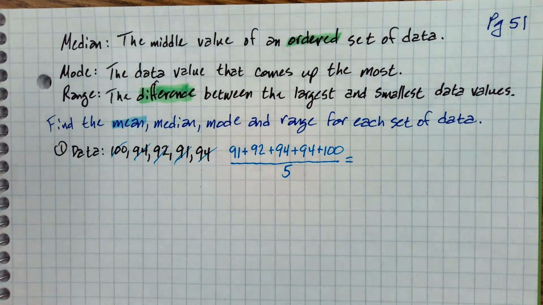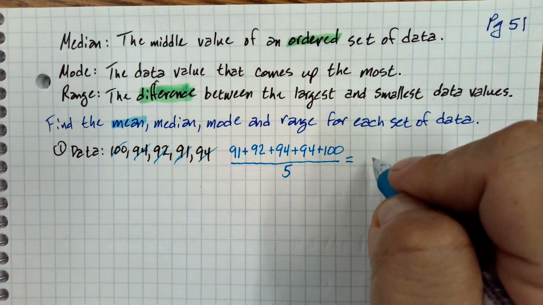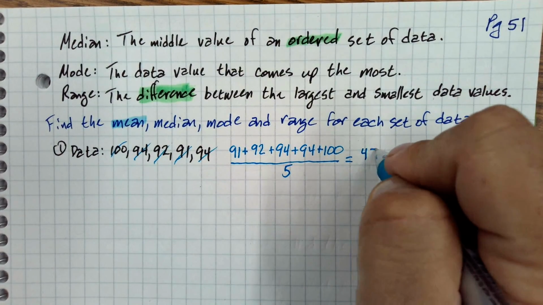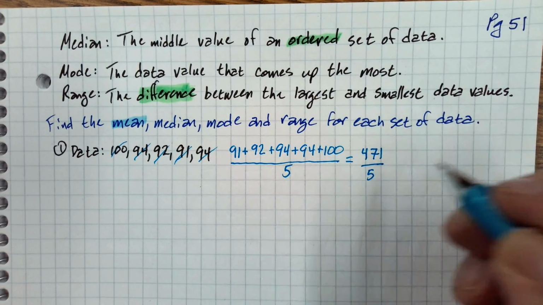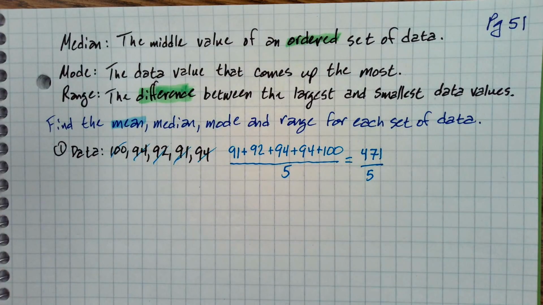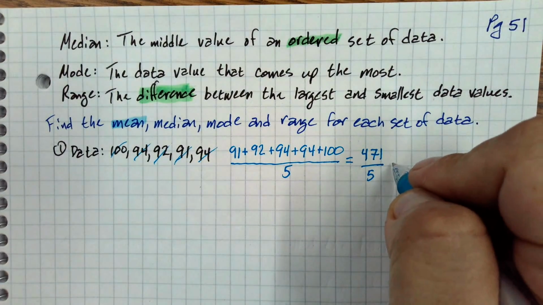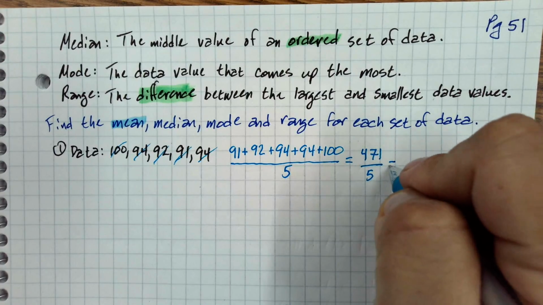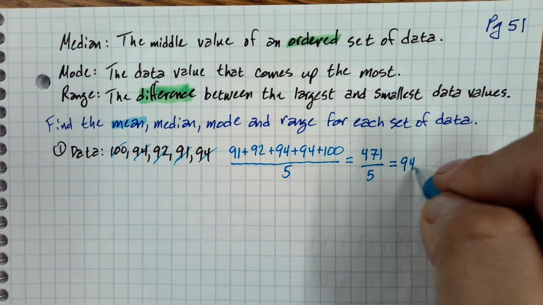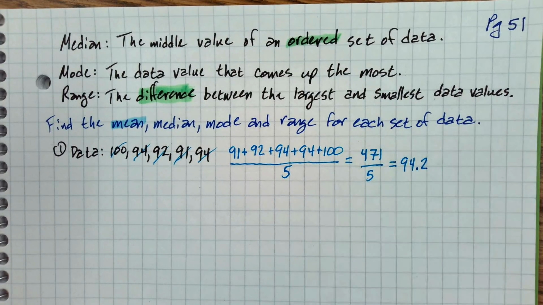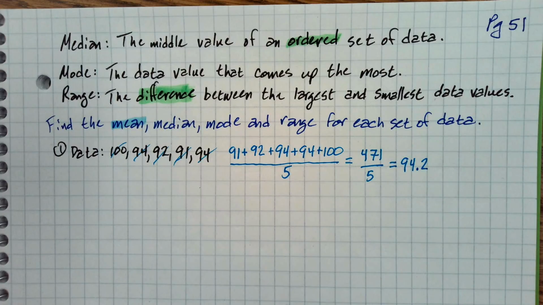Okay, so if I add those numbers, turns out it's 471. And we'll divide that by 5. And that's going to give us an answer of 94.2. So that is the mean.